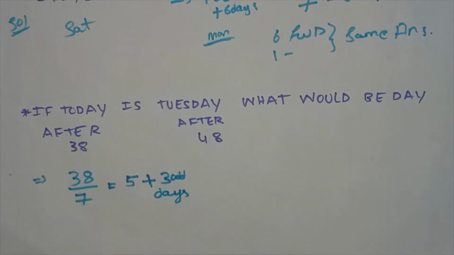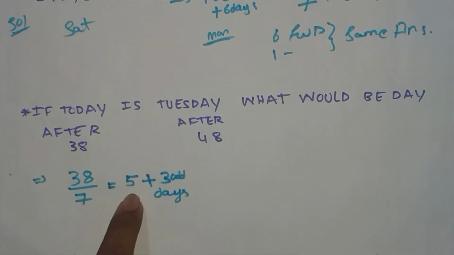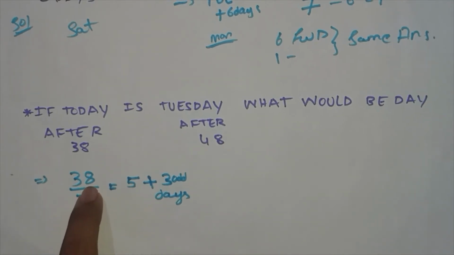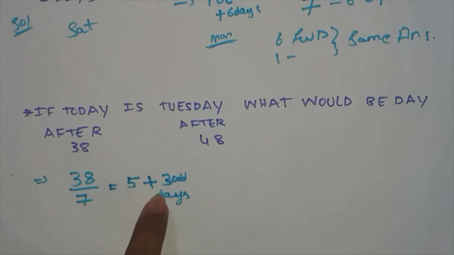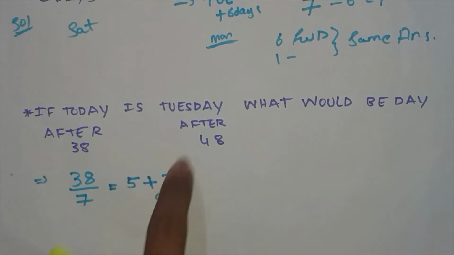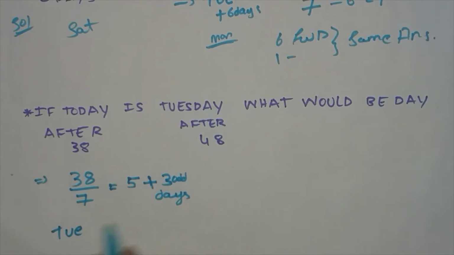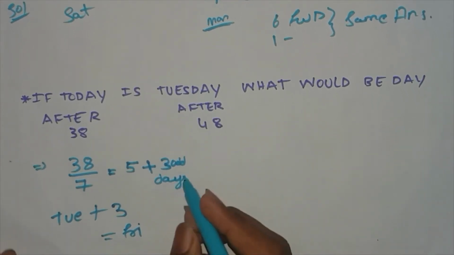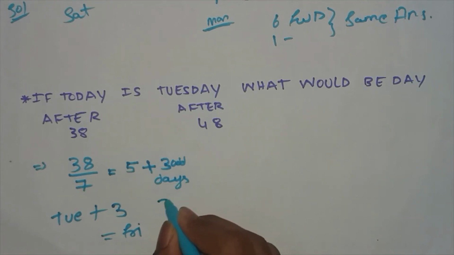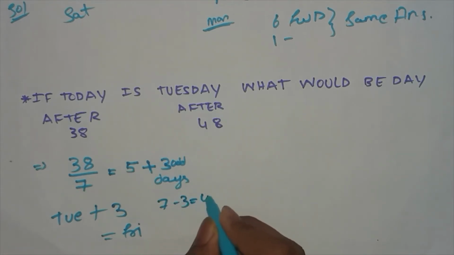What do I have to do with these 3 odd days? I wrote 7 fives are 35, so the remaining part is 3. Add these 3 odd days to the given day, Tuesday, and it gives Friday. As I told you, subtract the odd days from 7: 7 minus 3 is equal to 4.